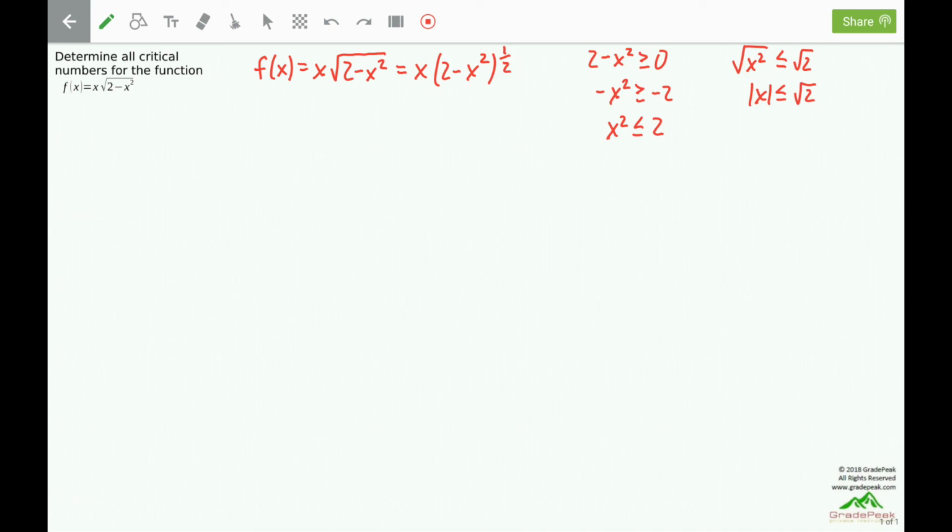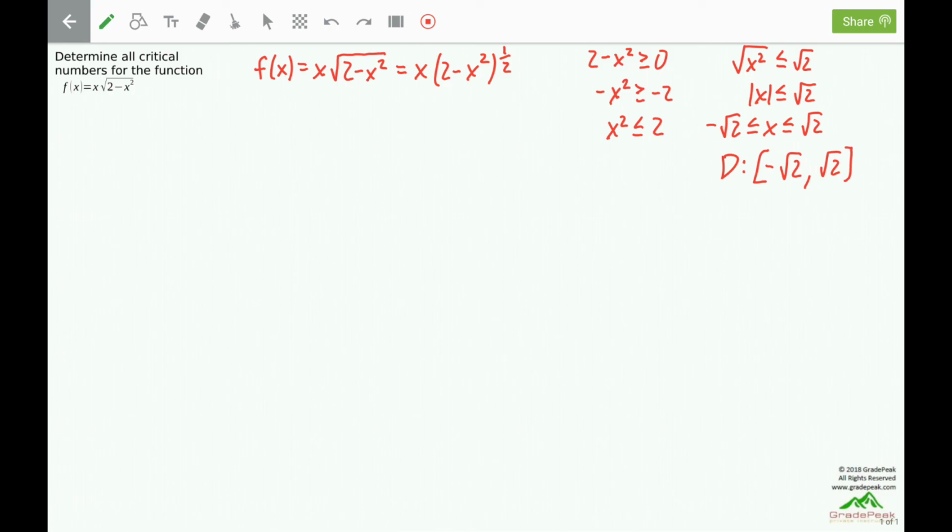And the absolute value symbols can be removed by putting x between the negative square root of 2 and the positive square root of 2. This will be the domain. So the domain is negative square root of 2 included, square bracket, all the way up to the positive square root of 2, again included, so square bracket.